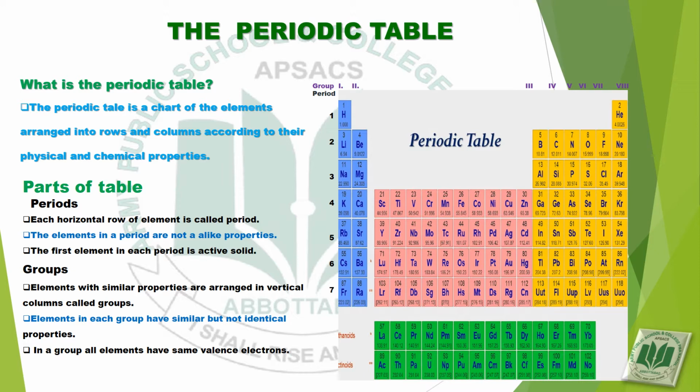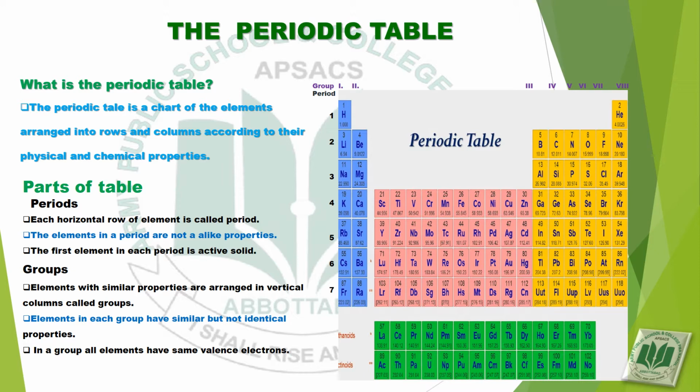Look at the table. In this table, there are 7 periods which are horizontally arranged. In the first period, there are only 2 elements, hydrogen and helium, and the other periods have different elements.